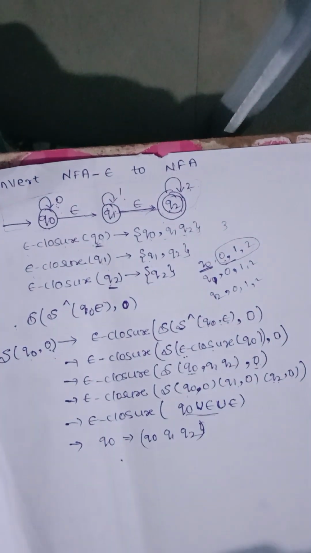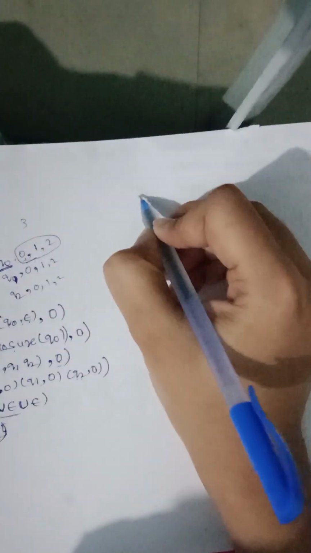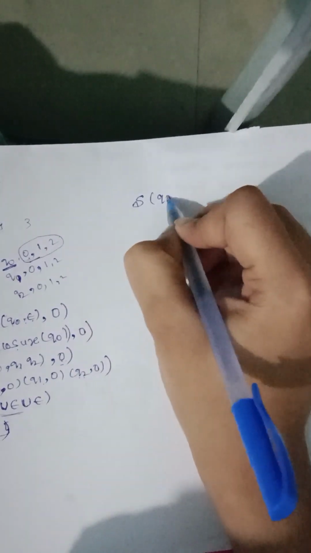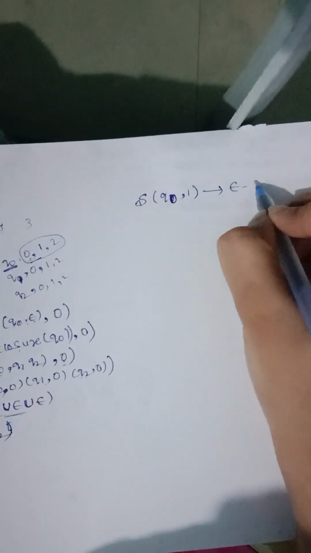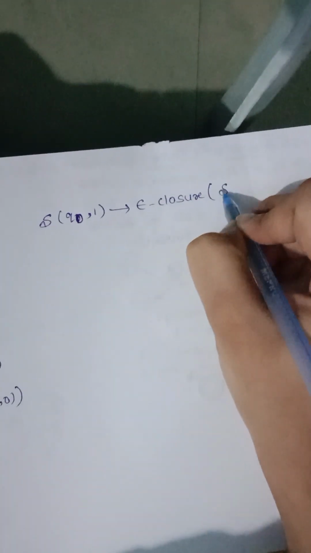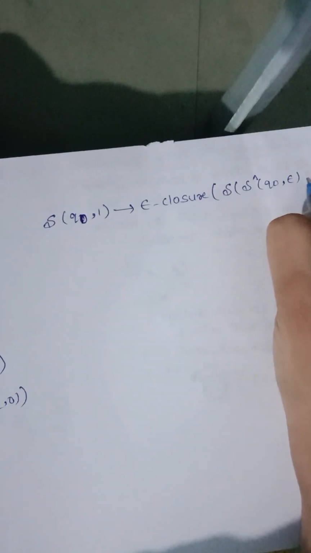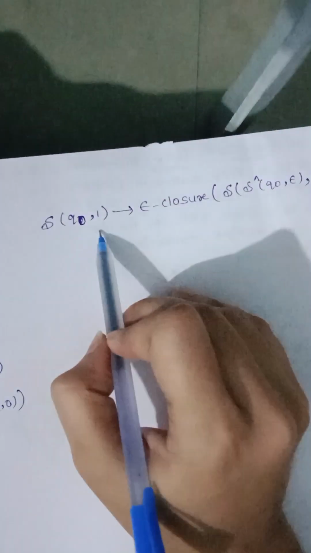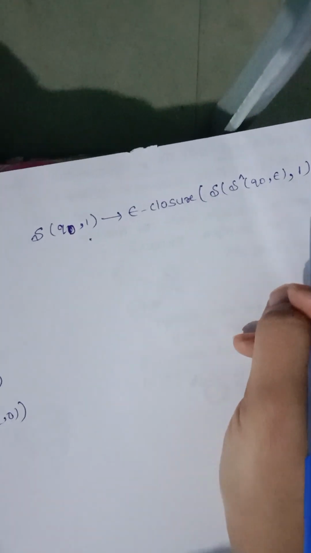Now we want to check Q naught with 1. The state is Q naught 1. Here it is epsilon closure of delta cap Q naught comma epsilon. We write 1 because we are checking with 1 now.